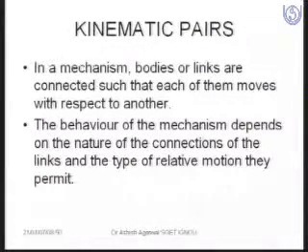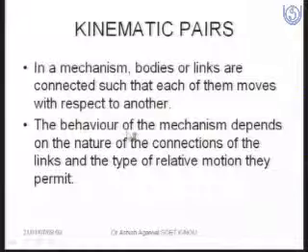Now the question comes: when two links are joined together, what is this termed, or how can we term this linking of two elements or the kinematic chains? In a mechanism, bodies or links are connected such that each of them moves with respect to one another.